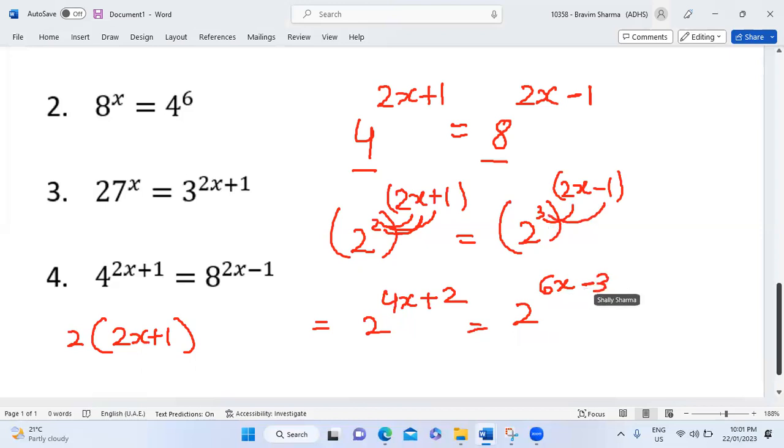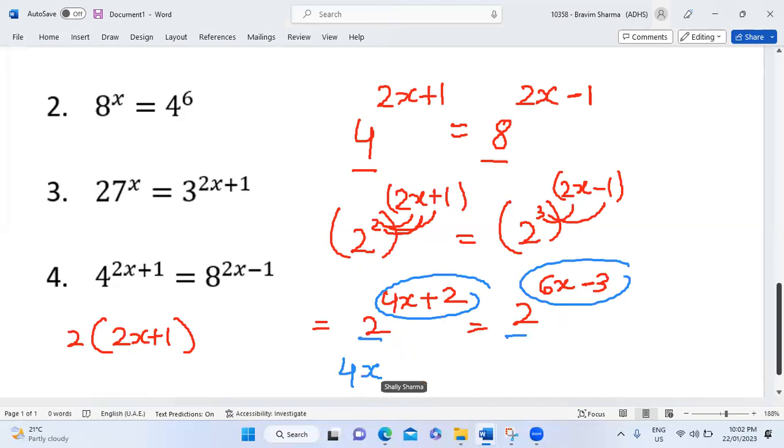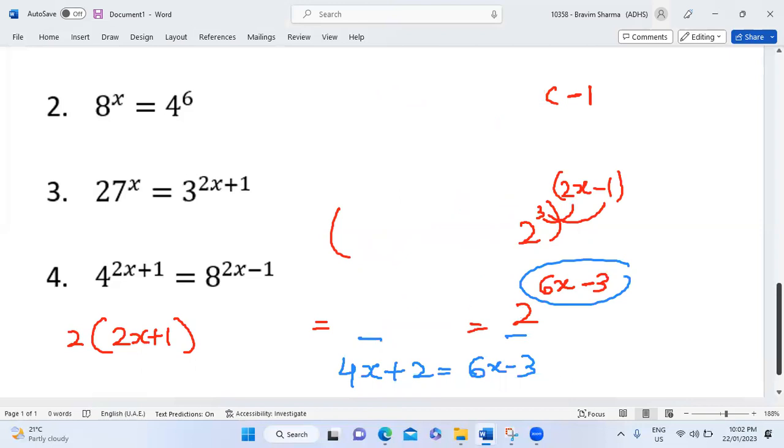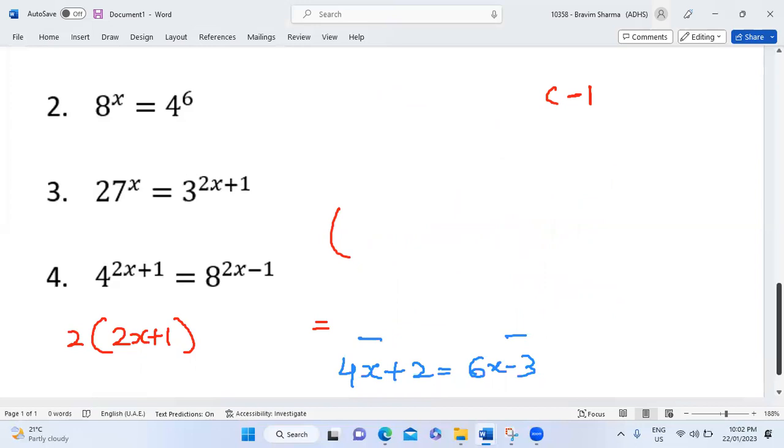Now, because the bases are the same, we can equate the powers. Now we have 4x plus 2 is equal to 6x minus 3. Now the question is how we can solve it. We have variables on both sides. Now there are multiple ways to do this question. What I usually do, we have 4x plus 2 is equal to 6x minus 3.